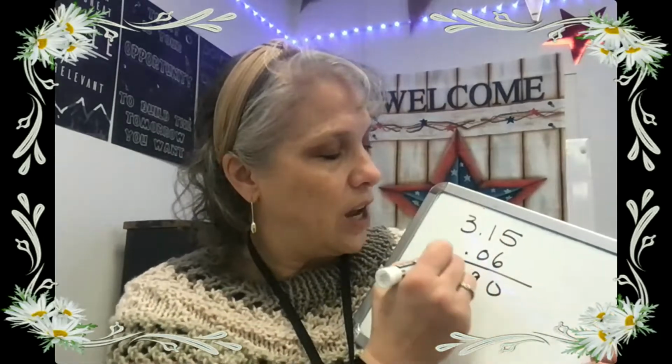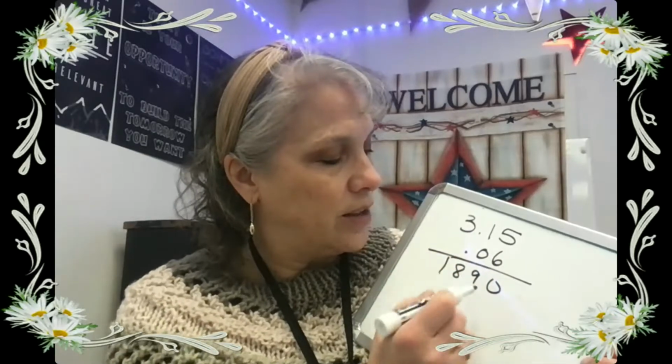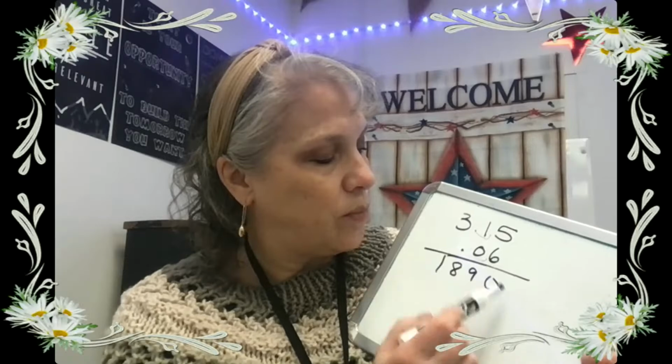One more little detail is if I had 3.15 times 0.6, or say it was 0.06 for like 6%, and I go ahead and multiply that out, 39, 18, and then that's 0. So now I have 1, 2, 3, 4 places.